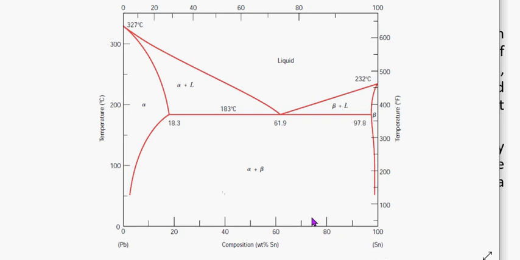Tin is around 7 point something, while lead is around 11 point something. So during the cooling, the change in transformation can also cause internal stresses, and that can cause residual stresses in the final product, or in this dual phase.